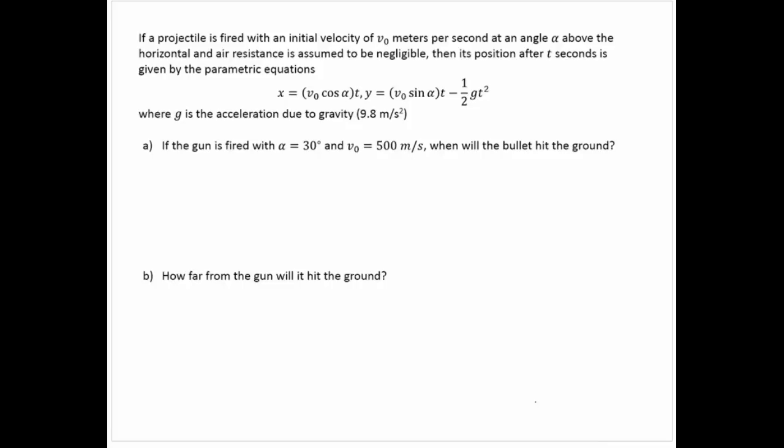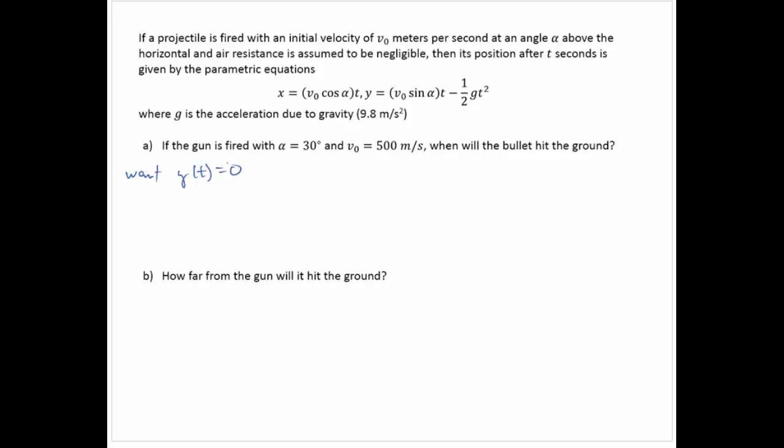So if the gun is fired with alpha is 30 degrees and v0 is 500 meters per second, when will the bullet hit the ground? All right, so the gun's fired at a 30-degree angle to the horizontal at 500 meters per second. When will it hit the ground? So we want y of t to be equal to 0.